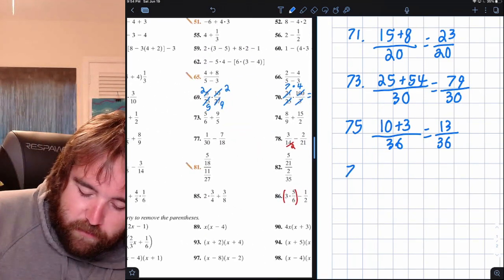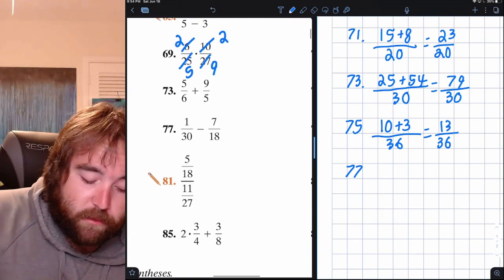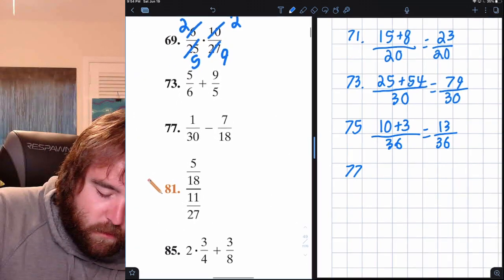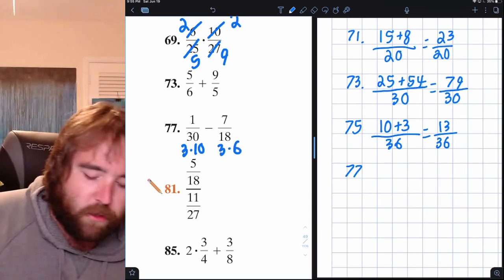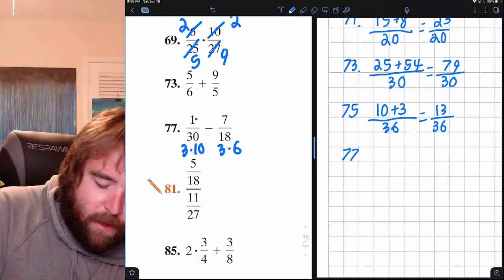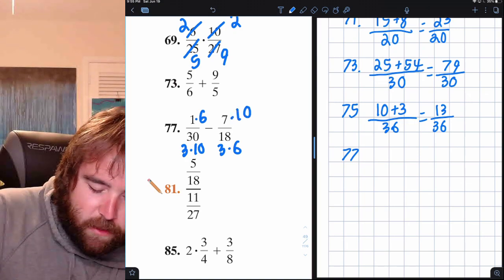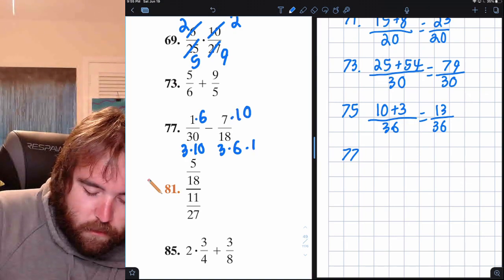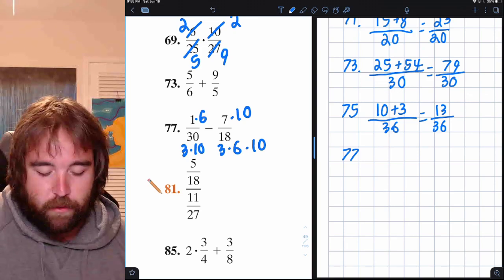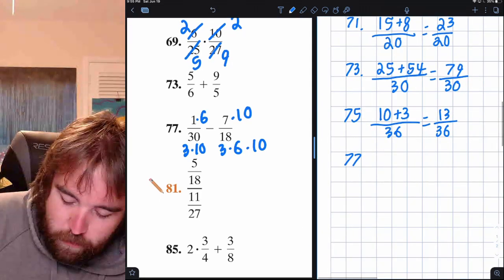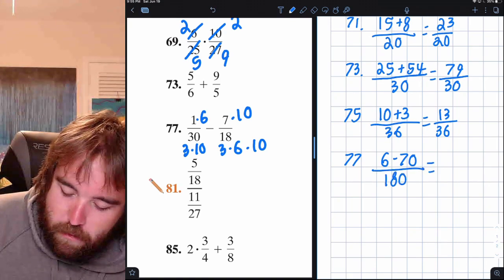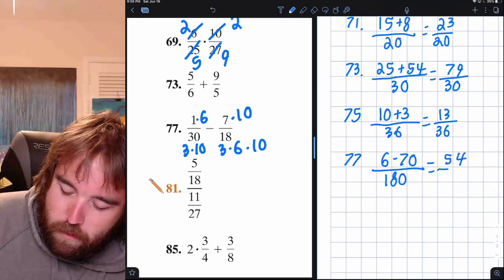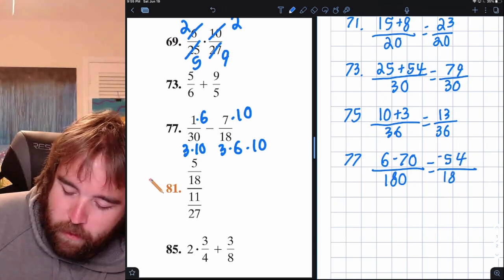All right, 77. Same thing but subtraction. So what? This is 3 times 10. And this is 3 times 6. So we could do a little better, but I'll just multiply this one by 6 and this one by 10 to make a common denominator of 180. So 6 minus 70 over 180 is 54, negative 54 over 180.